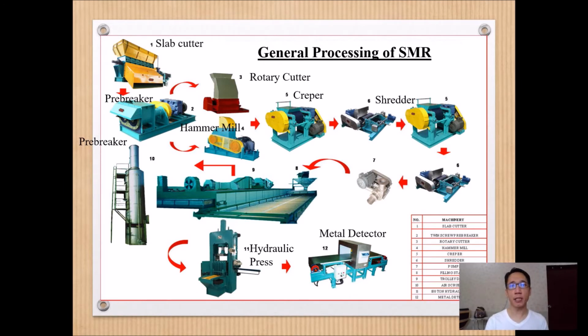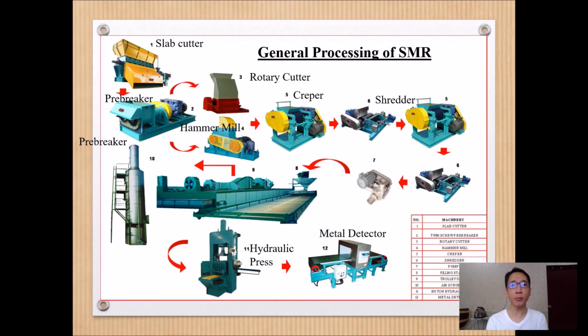So the general processing for SMR starts with the slab cutter. What is the purpose of the slab cutter? Previously, I covered latex coagulation. Latex that is coagulated via acids produces latex coagulant, which is bigger compared to cut lumps. So you use the slab cutter to cut your latex coagulants, and then it goes through a pre-breaker to cut it smaller.